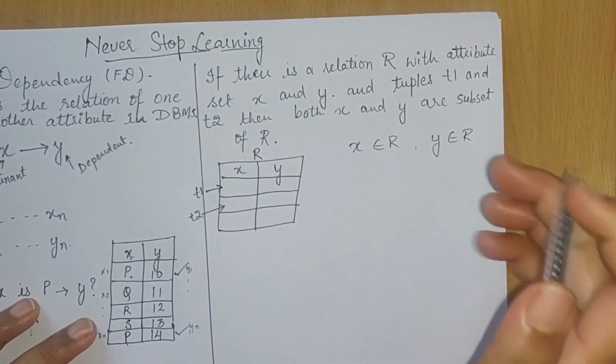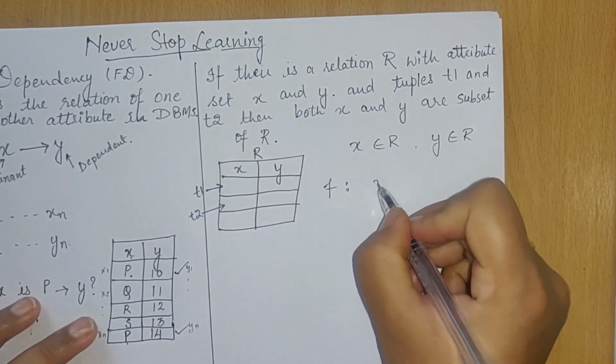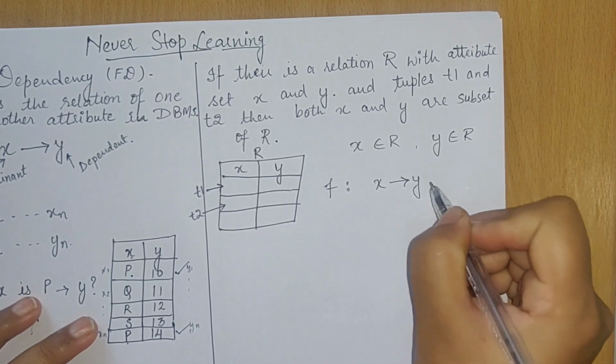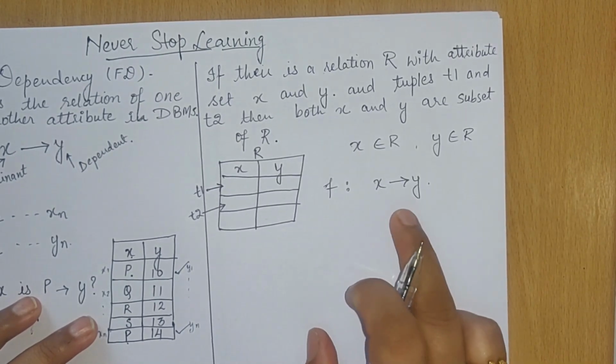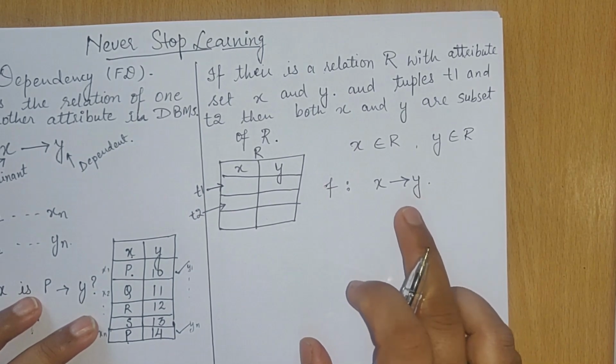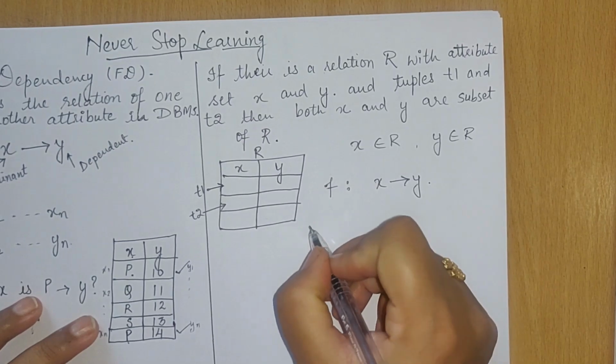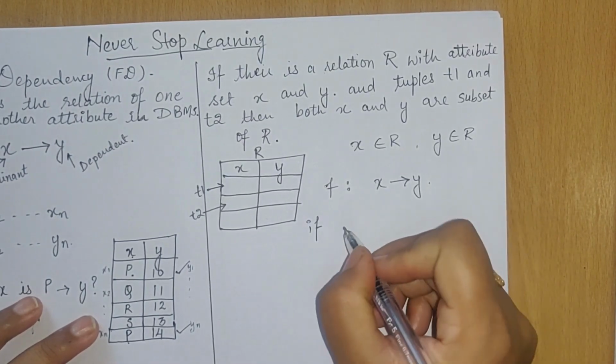Then, if there is a functional dependency X determines Y, or we can say Y is dependent on X, this functional dependency will hold if, what is the condition?